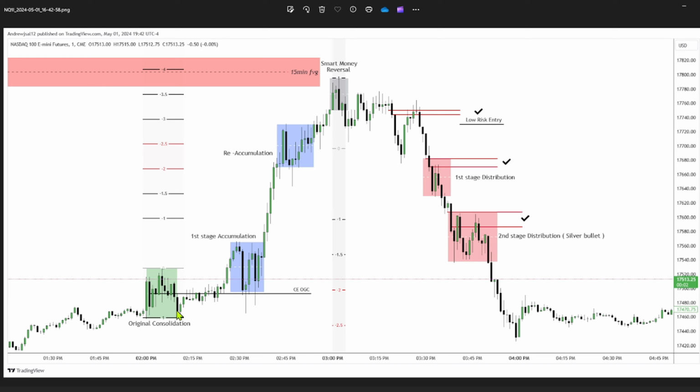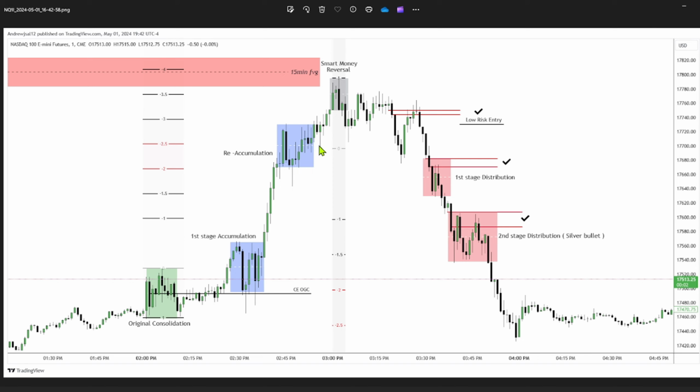Okay. Now, how do you know where we can target other than below this consolidation, right? Well, the last swing low here, see this little swing low, right? Before we reversed, we never took this high again.